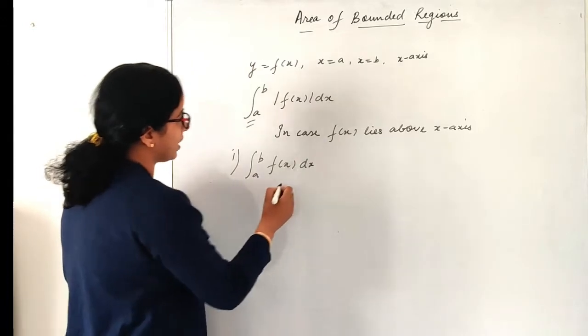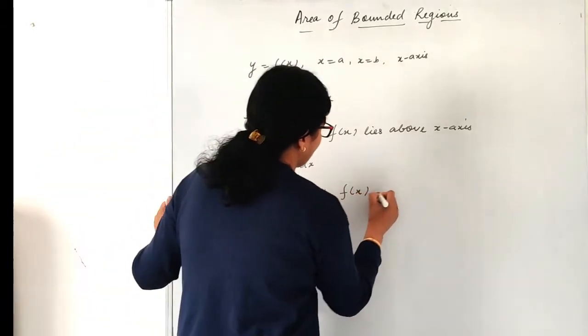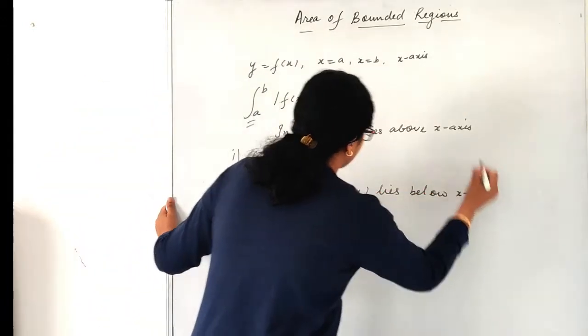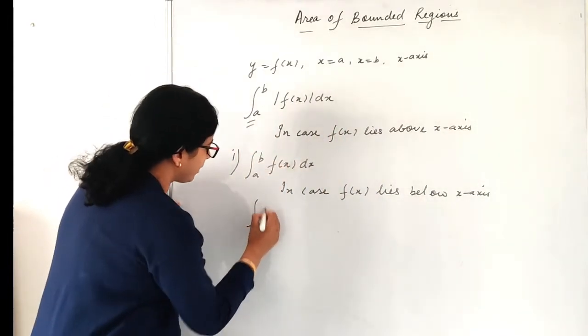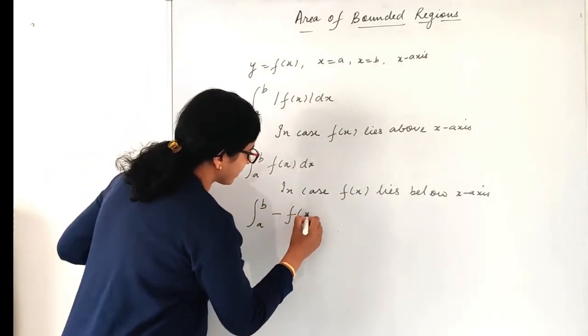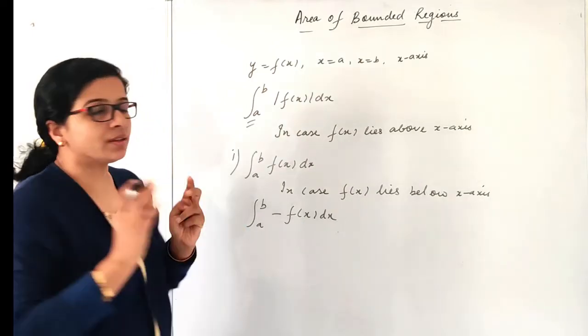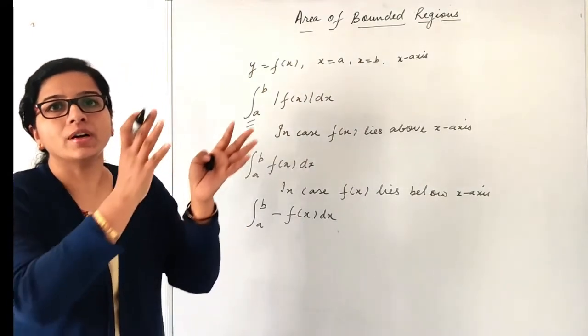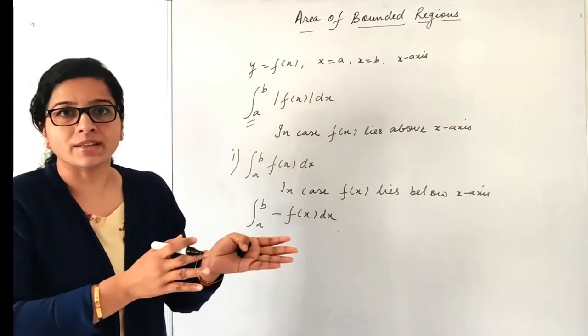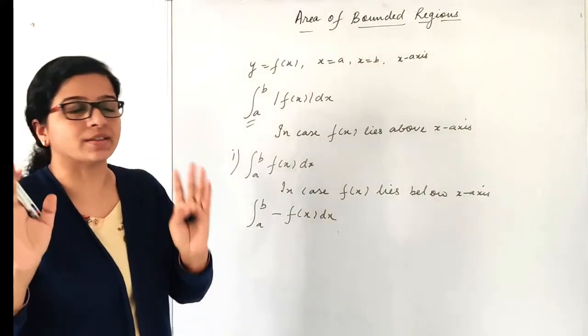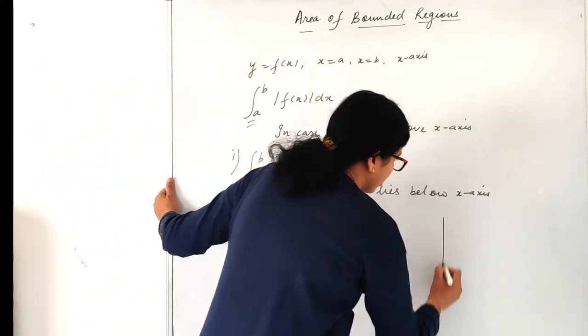In case f(x) lies below the x-axis, the area will become the integral from a to b of minus f(x) dx. Now there can be a third case also, that half of the bounded area lies above the x-axis and half lies below the x-axis. So it can be the case like this also.